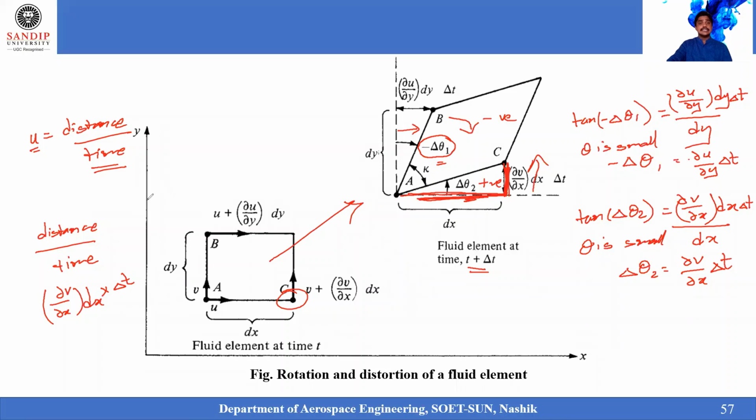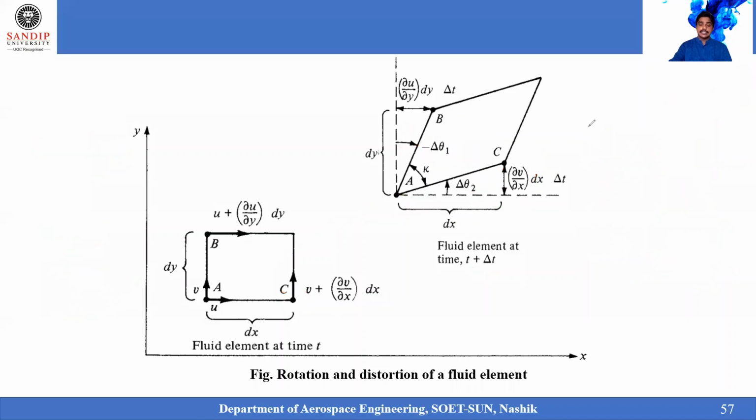Now let us see what exactly angular deformation is defined as. Let us move on. What is angular velocity defined as? Angular velocity is defined as the average of the rotations made along whichever plane we are considering.